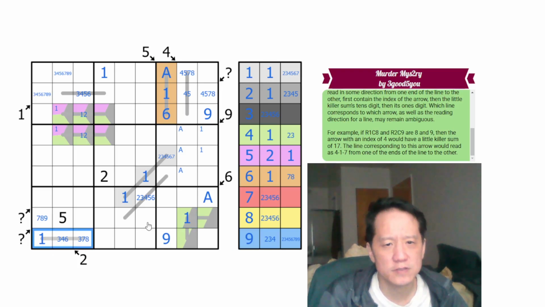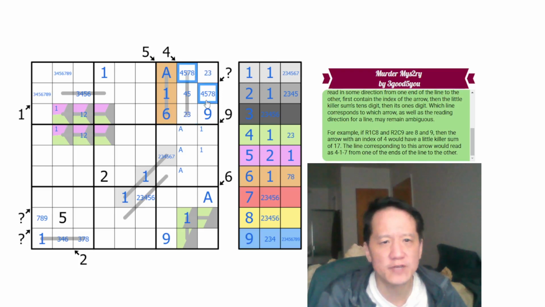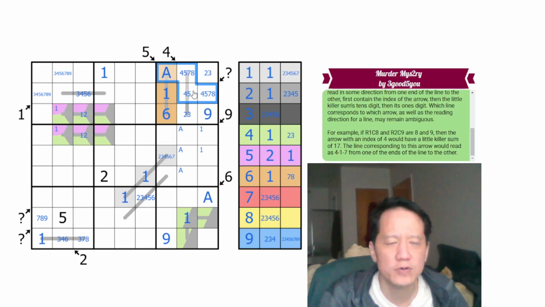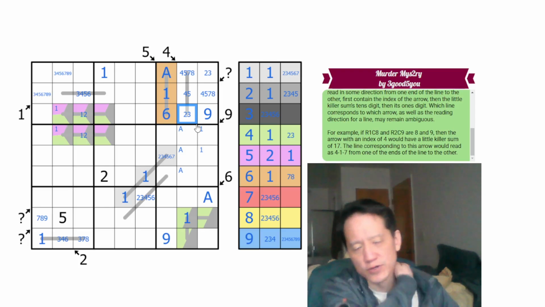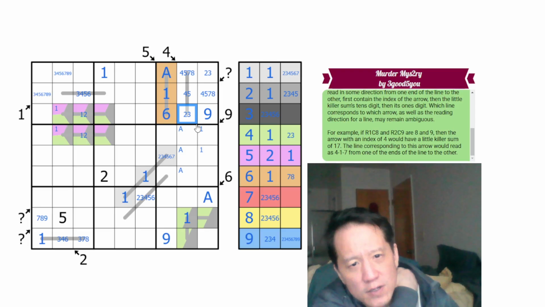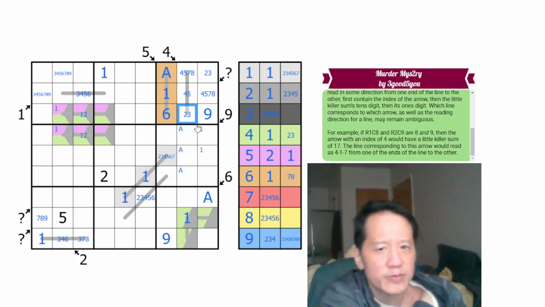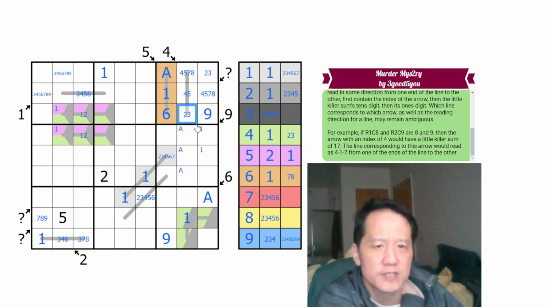So then the remaining digits here are 2 and 3, because we have a 4, 5, 7, 8 quadruple in box 3. So this is 2 or 3. If it's 3, it could be 40 something, or it could be 7 or 8.